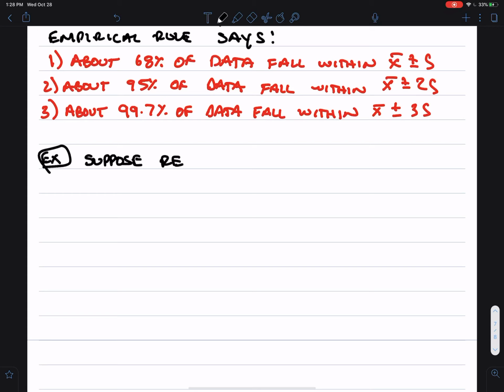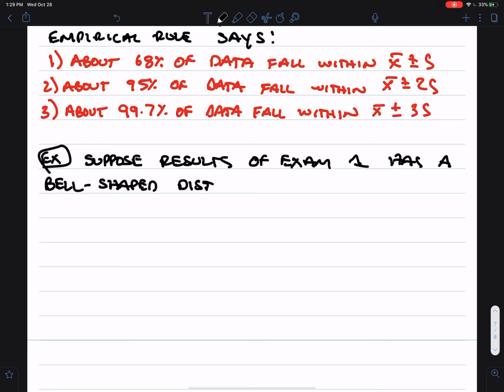Suppose the results of exam 1 have a bell-shaped distribution with x bar equals 84 and I'll say the deviation is s equals 6. So the average was 84% and plus or minus 6 points, right?